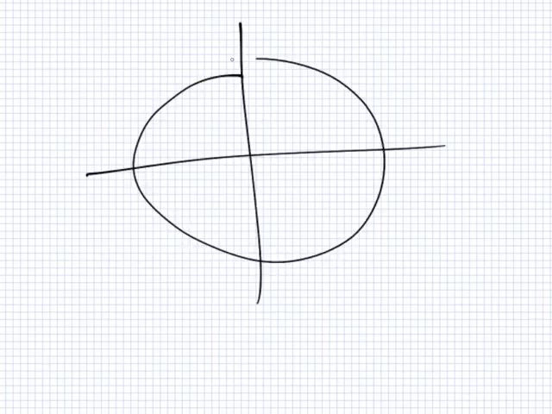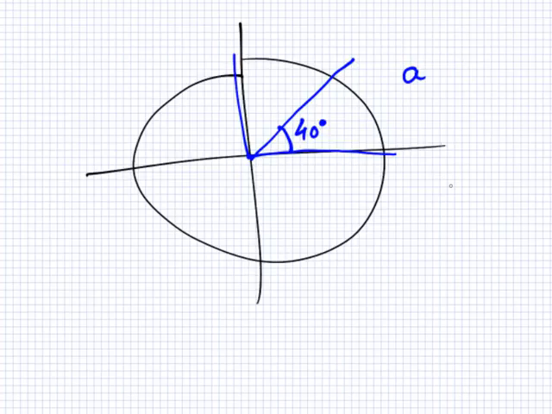So, just a little bit of vocabulary. Angles between 0 and 90, like an angle of 40 for example, are called acute angles. What do you call an angle bigger than 90, for example 200? Obtuse.